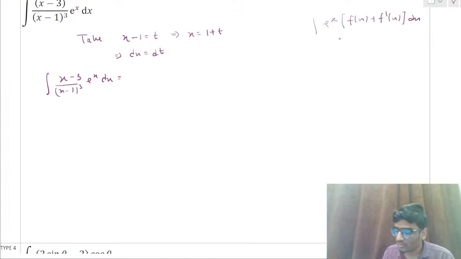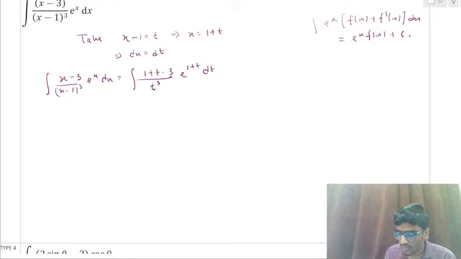We want to write it in the form e raised to power x times f of x plus f dash x, dx. So the integral becomes, replacing x minus 1, x is 1 plus t, so 1 plus t minus 3, that is t minus 2, upon t cube, times e raised to power 1 plus t.